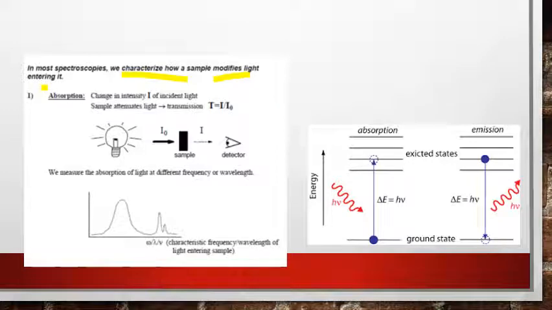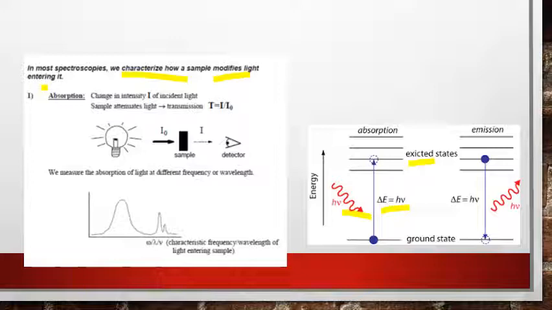In absorption spectroscopy, let's see. When we pass the light to the sample, it goes on absorbing that light, and absorption takes place in the form of photons or packets, that is E equals h nu, and the electron goes from the ground state to the excited state.